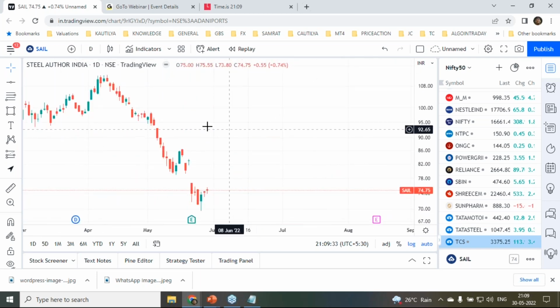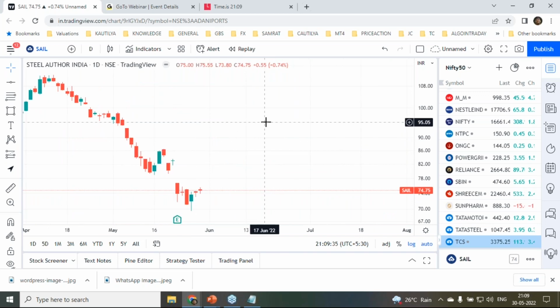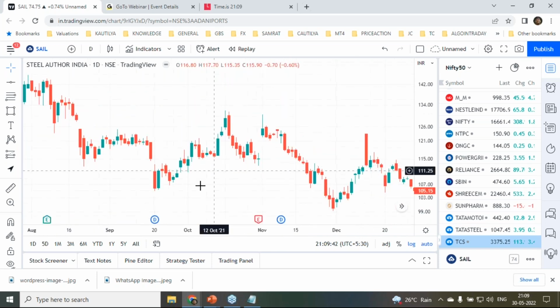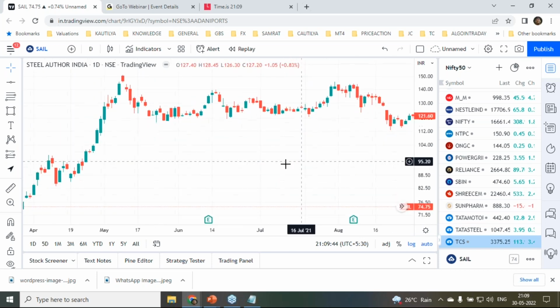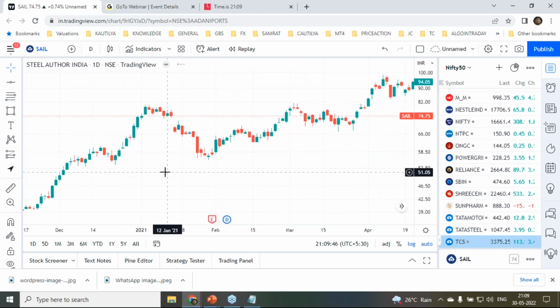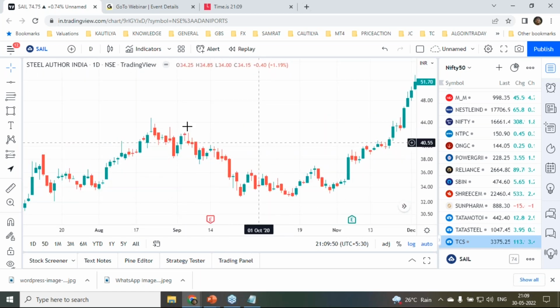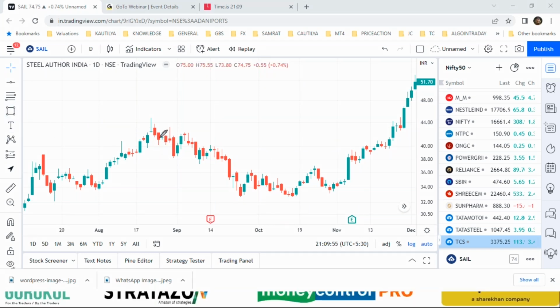This fall? No, this is not compression. Why is it not compression? Because there are a lot of gaps and a lot of momentum candles. There has to be a series of compression. It should not be up and down. I'll show you one compression in this if you want. See, this is compression. See, this is compression.